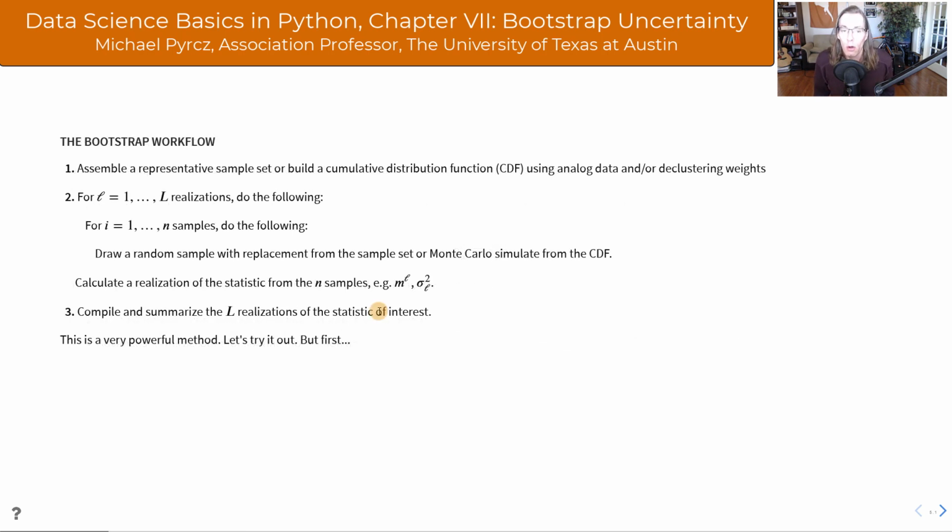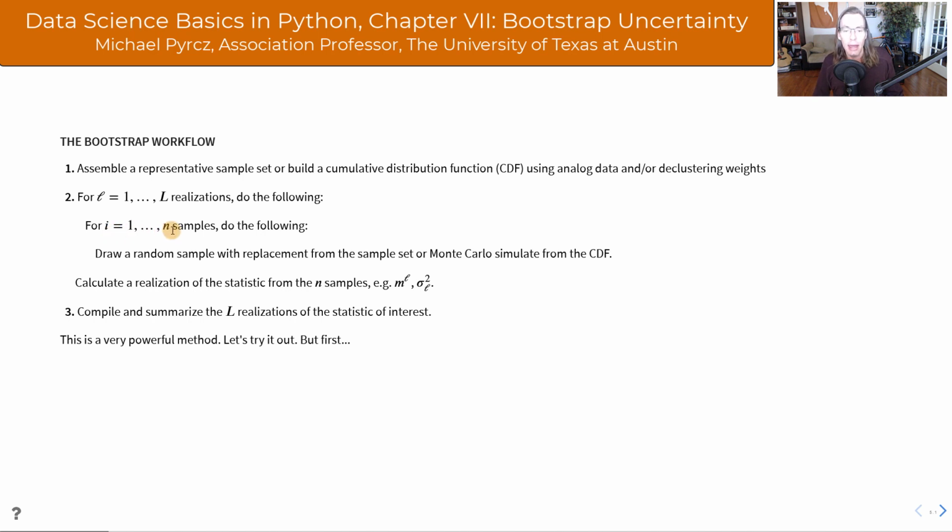Here's the Bootstrap workflow. We're going to assemble a representative sample set, or we could build a cumulative distribution function using available analog information, and you could even account for declustering, representativity, sampling bias, and so forth. I have other workflows that demonstrate how to do that. Then for L equals 1 through big L realizations, do the following.